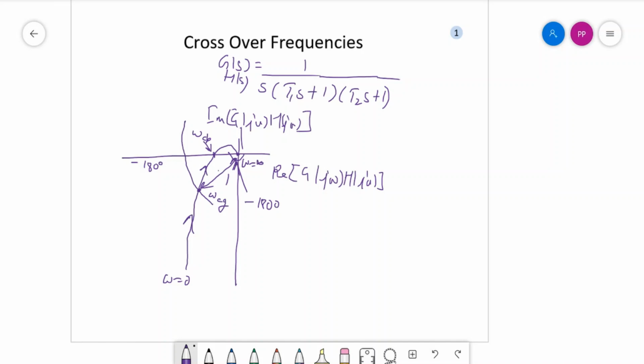So with this understanding, let us go ahead. At this point, the phase crossover frequency, we get some magnitude of the polar plot, we denote it by A. It will help us in determining the gain margin, and for the gain crossover frequency we will get the phase margin. So let us see how.